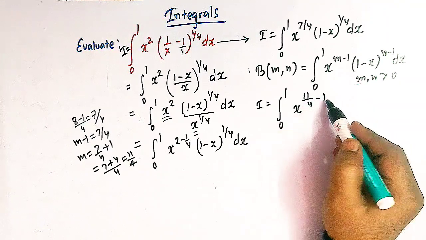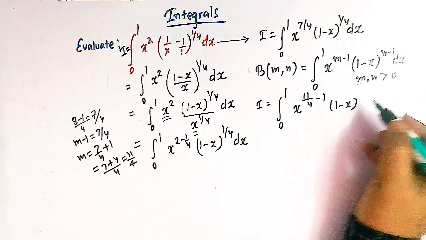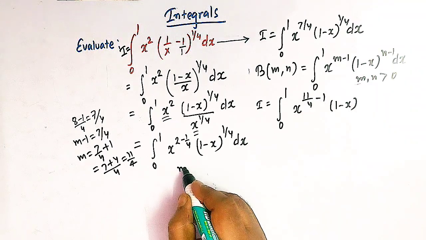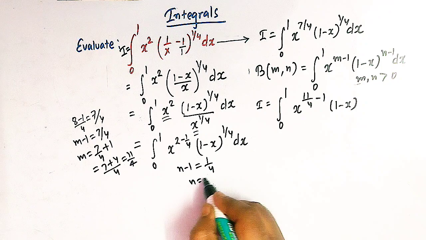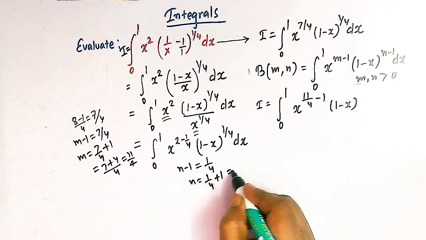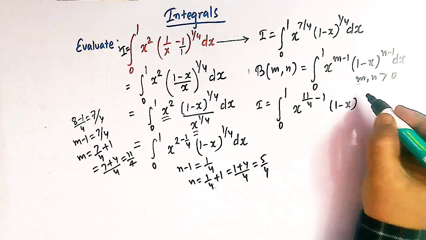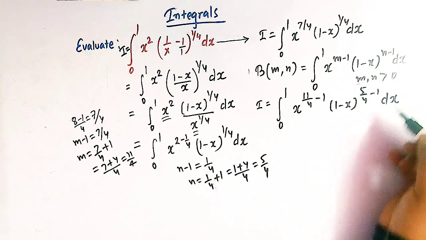So 11 over 4 minus 1 is 7 by 4, and similarly here we have (1 - x) raised to 1 by 4. So 1 by 4 can be equated to n minus 1. So n is equal to 1 by 4 plus 1. This is (1 + 4) over 4, that is 5 by 4. So here we can write 5 by 4 minus 1.